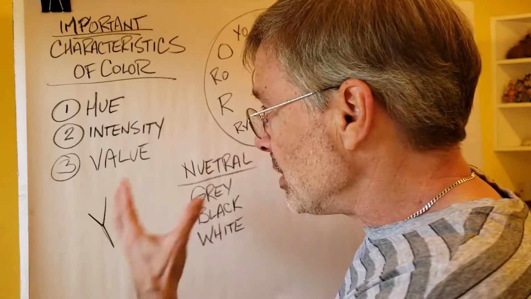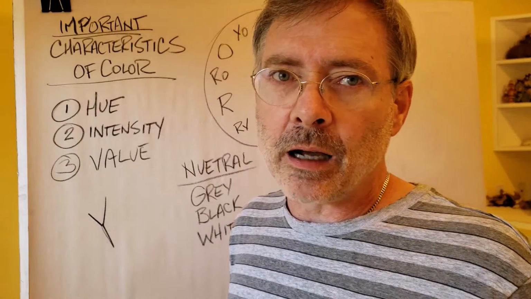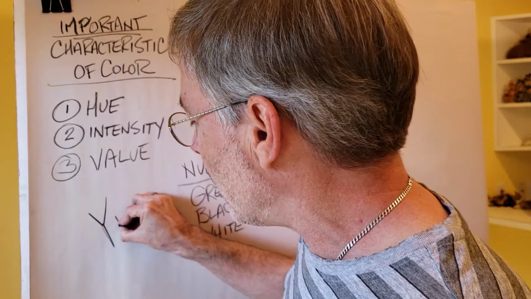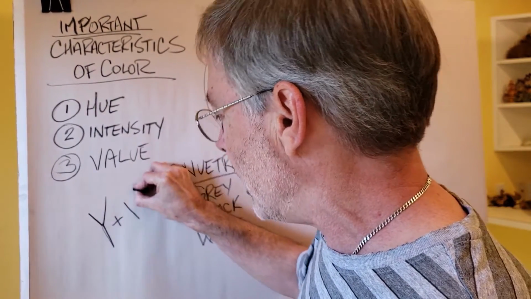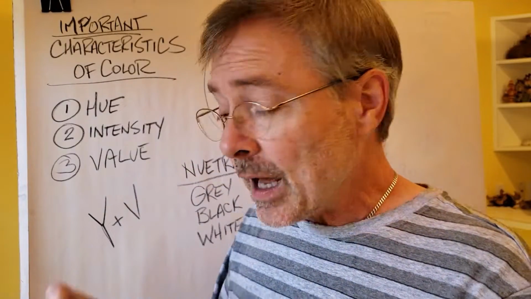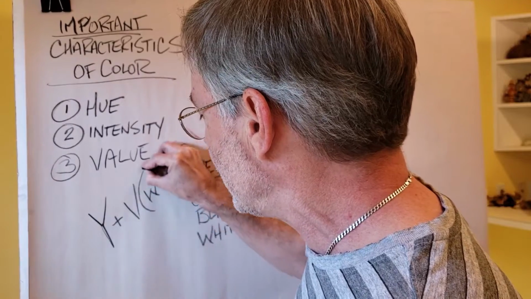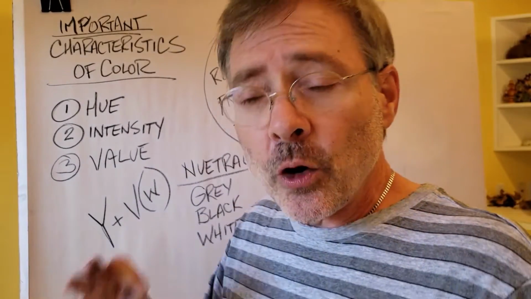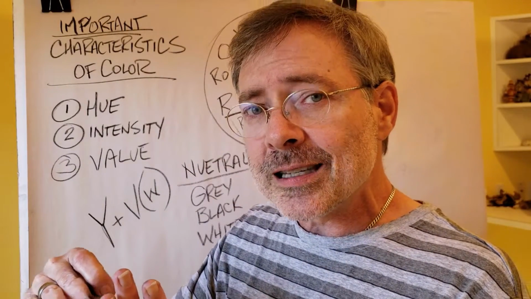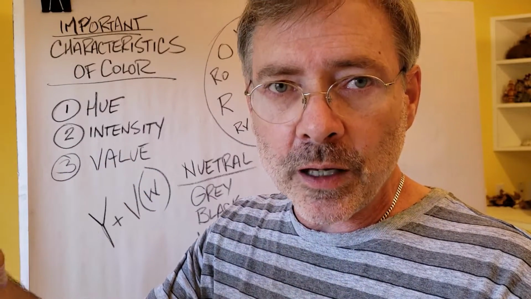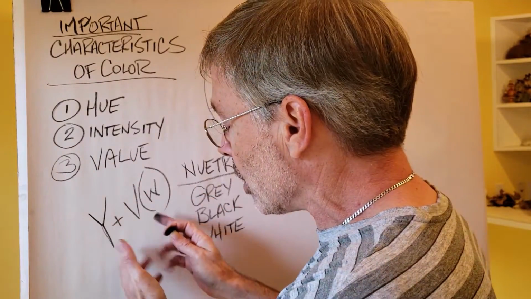But if I understand my color theory, I'm not actually out of choices. I could take my yellow and add it to violet, provided that first I add the neutral white to violet in order to bring violet to the same value as the local value of yellow. In other words, violet is a darker local value.